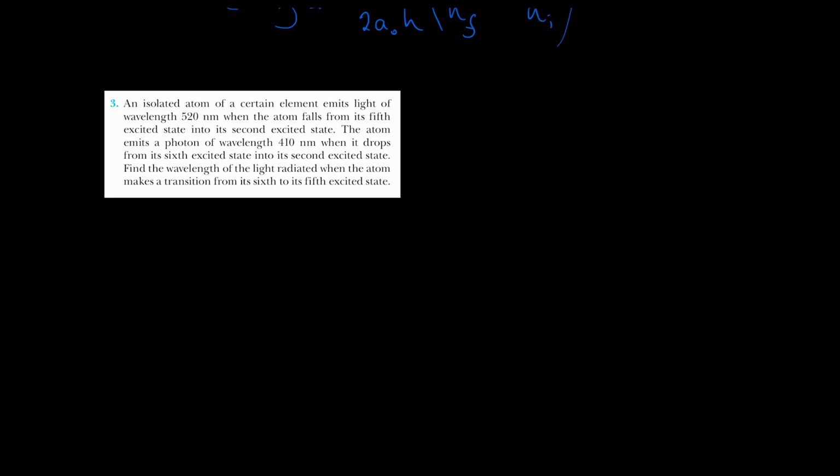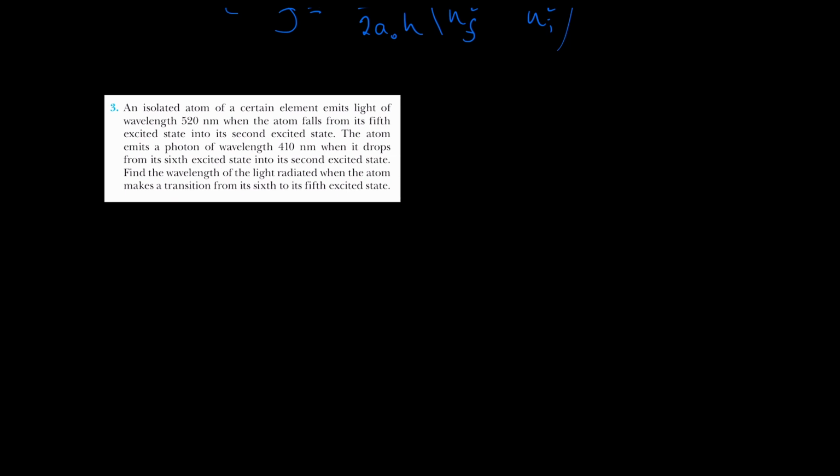Let's set up the problem. Okay, let's circle what's important. Okay, I can't circle on that, but I'm going to just write down what's important. An isolated atom of a certain element emits light of wavelength 520 nanometers. This is wavelength 1, let's call it.